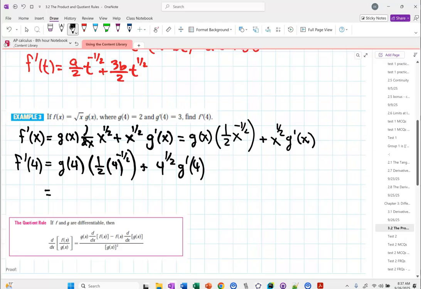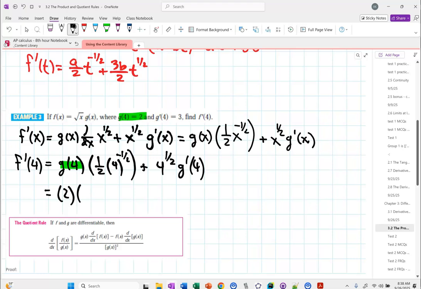Okay, it says g of 4 is 2. What's 4 to the negative 1/2? Nope, not 2. 1 over 2, right? Because the negative exponent flips it.